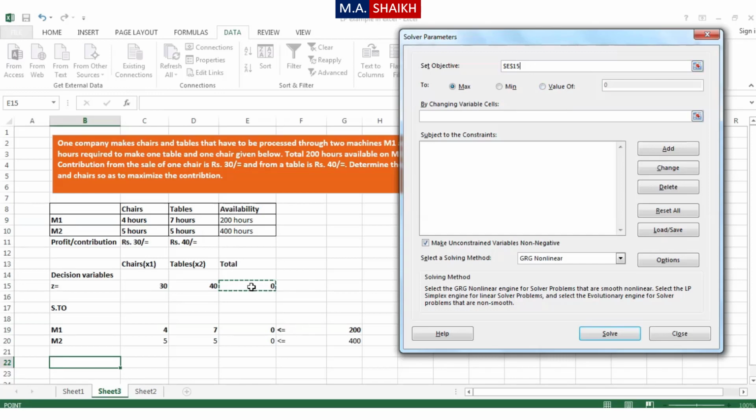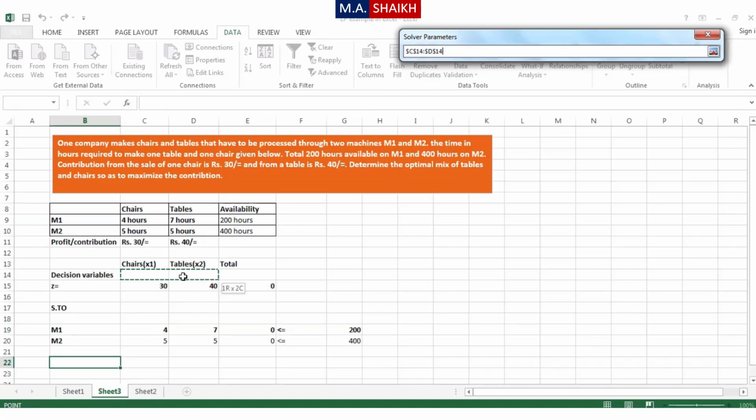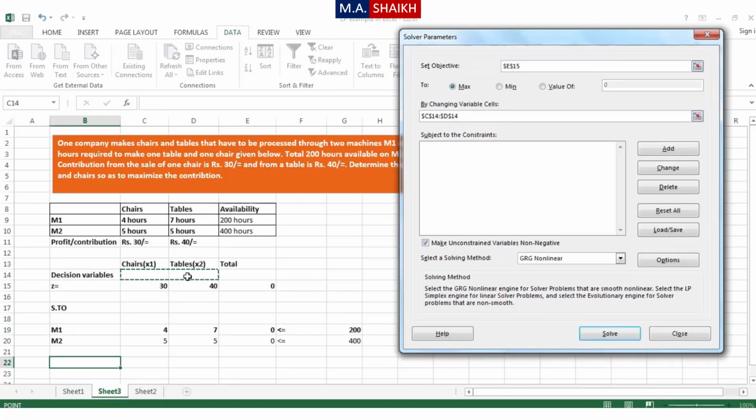This is the address of this one. We have to maximize, so you have to click on maximize, and changing variable cells means decision variables. So these both are decision variables, right? Now add the constraints, subject to constraints.